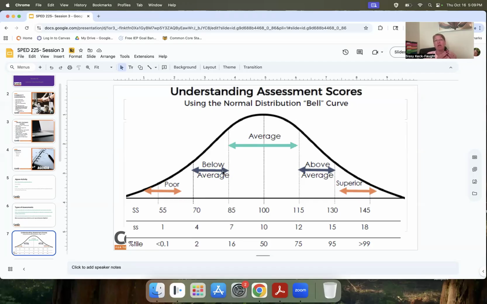Some of our testing, like the Woodcock-Johnson, would consider 80 to 90 below average, or low average, as they call it. Then there's below average, which would be in your 70s. Anything they consider poor or negligible would be in the 60s and below. And same thing above: from 110 and above, we have above average, and then we have the superior level as well.